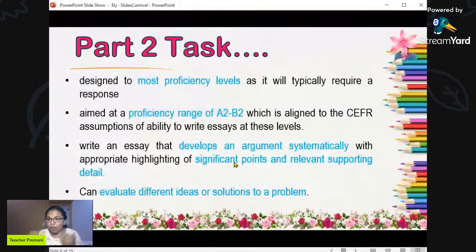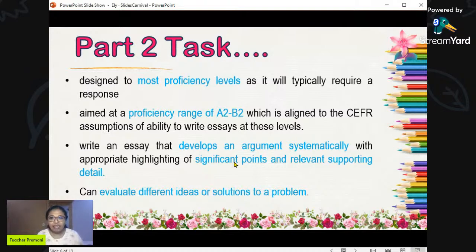When you see systematically, it means coherent. Coherent means there is continuity. We can see the connection. But what students commonly write is they merely put the content one, two, three. We can't see the connection. That's where it's lacking. Most of you, even the higher proficiency students, are lacking in that part. So we're going to see how to correct that mistake.